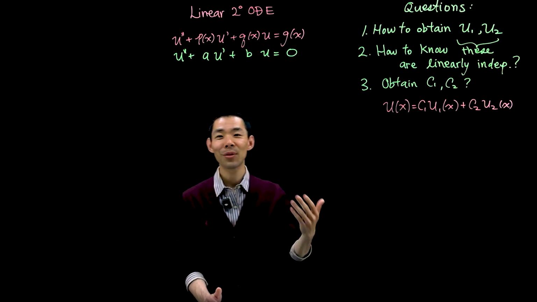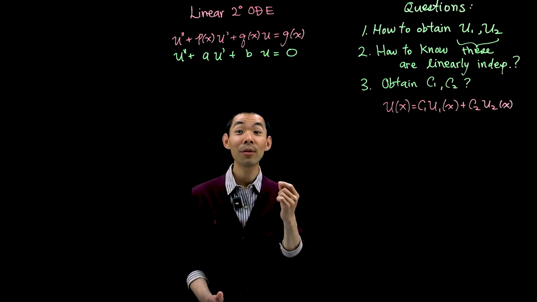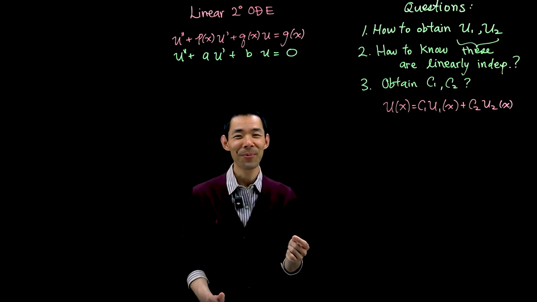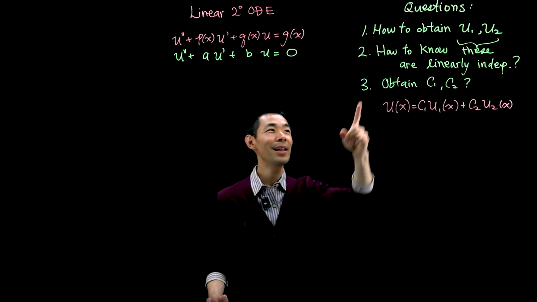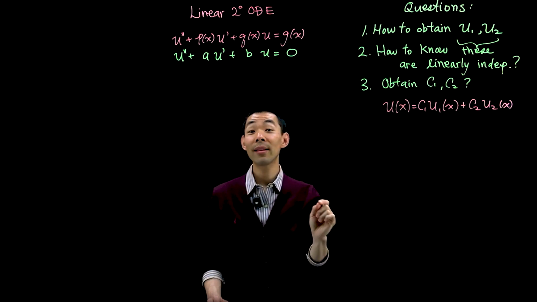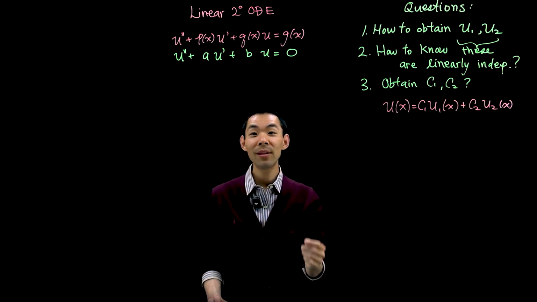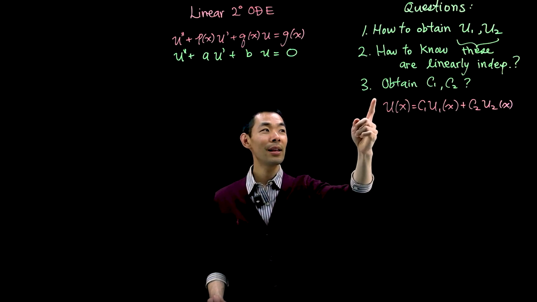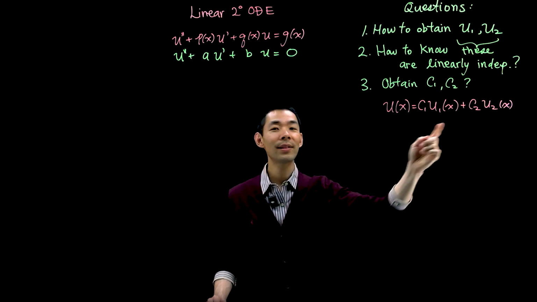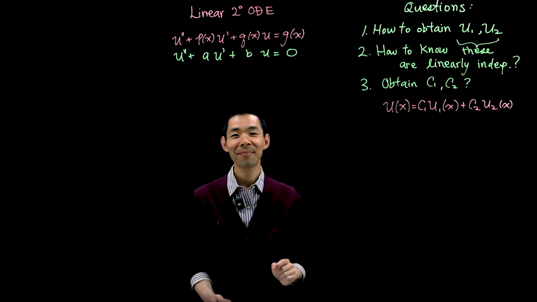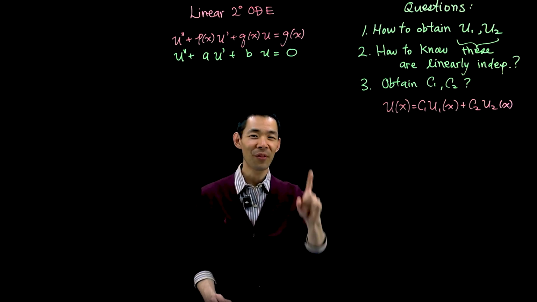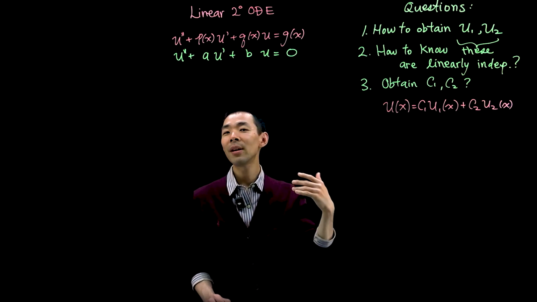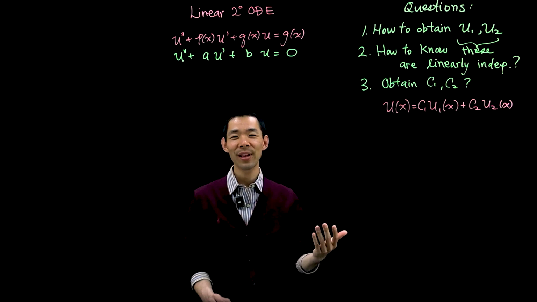I've been saying that those solutions exist, but we're going to show you the solution procedure to obtain u1 and u2. Second question is, how do you know that the solutions that you got are linearly independent solutions? Question 3, finally, how do you obtain c1 and c2? So let's get started with the first question. How do you even obtain the 2 solutions u1 and u2?